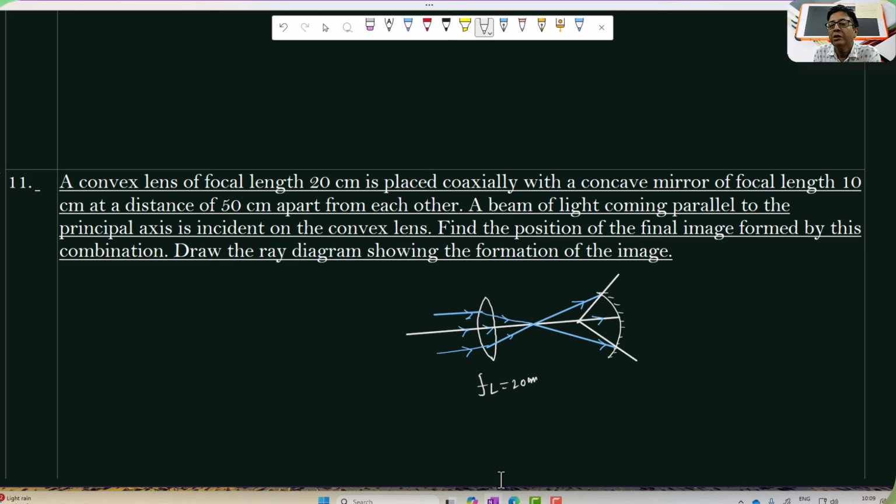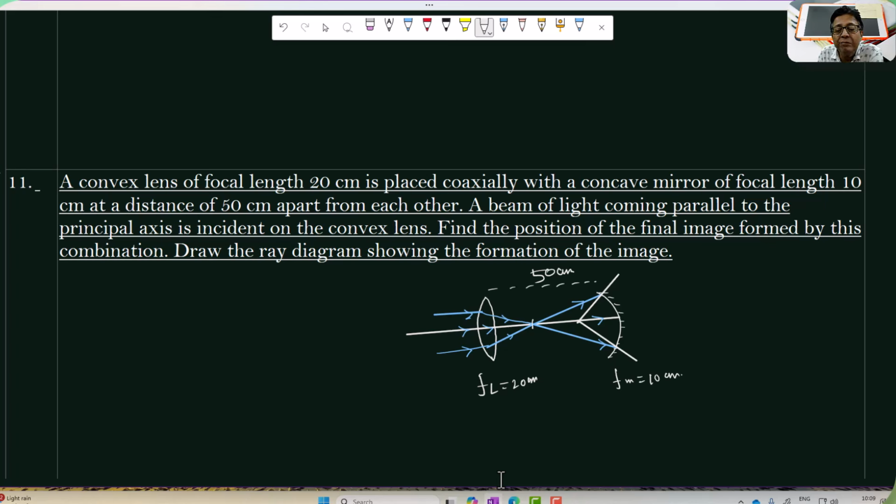The focal length of the lens is 20 centimeter, given. Concave mirror of focal length, and the distance between these two is 50 centimeter, given. I have tried to draw the diagram. A beam of light parallel to the principal axis is incident on the lens. They will be meeting at this point. So this is going to be the position of the image.